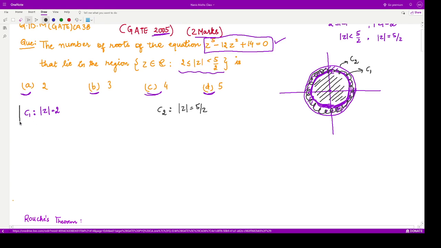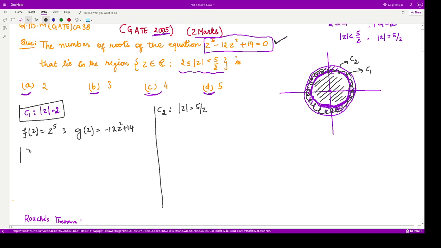For this, firstly we'll assume f of z to be z raised to power 5. Now this is your choice. You can choose f of z and g of z accordingly, and you can just try what number of roots you obtain. In my case, I am assuming f of z to be z raised to power 5 and g of z to be minus 12 z square plus 14, so that when you add these two, you obtain this particular polynomial again.